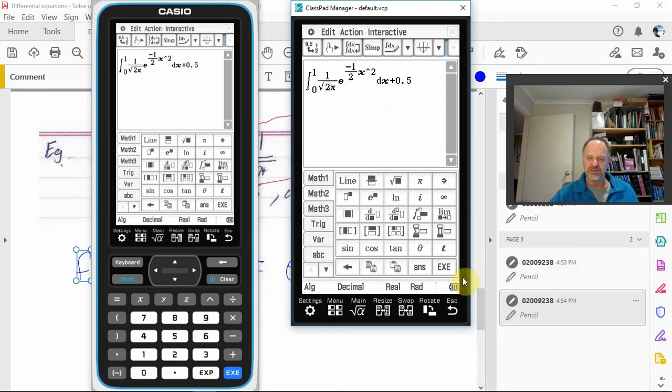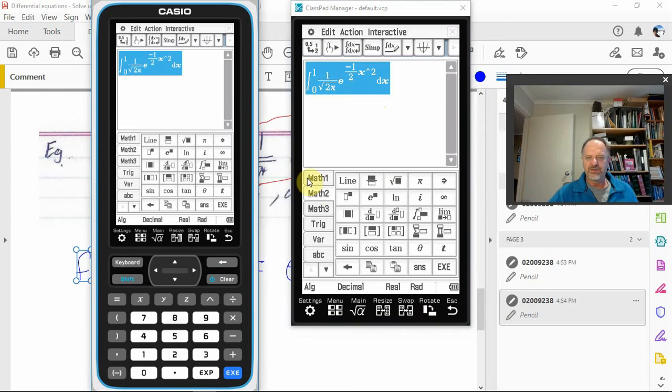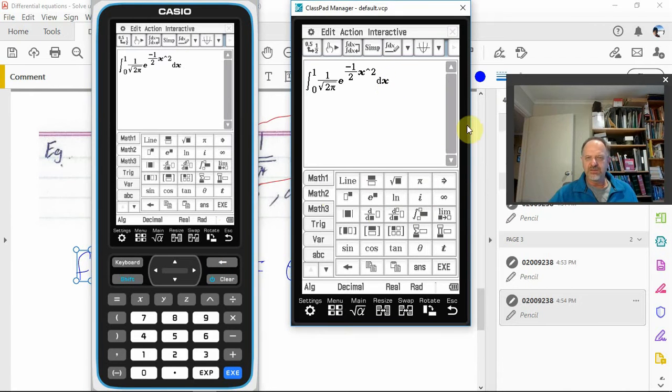Now the bit that I'm going to actually point out to you is this 0.5 bit on the end. So see there, if I go back and I get rid of that dx, see how there's that box there in the template. That's when you click on there, it gives you the d with the box.